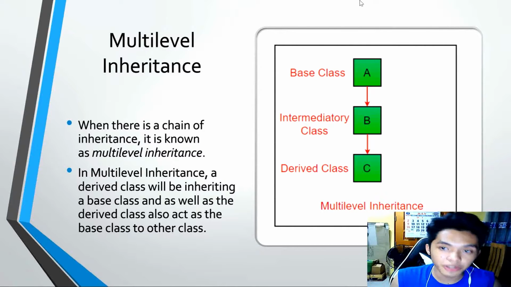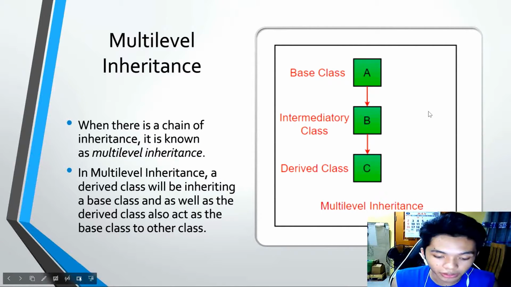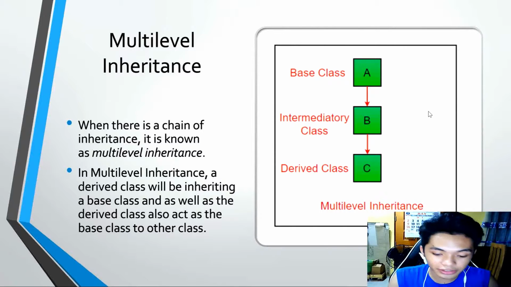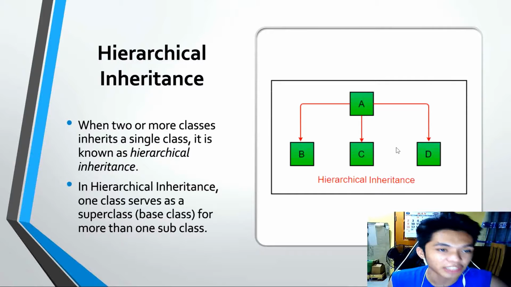In this image, class A serves as the base class for the derived class B, which in turn serves as the base class of the derived class C. In Java, a class cannot directly access the grandparent's members. Get it? So next one is hierarchical inheritance.